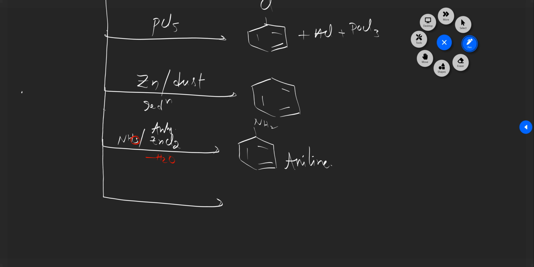So next one is sulfonation. If it is reacting with sulfuric acid, sulfonation takes place. How can you write H2SO4? We can write H2O plus SO3. Phenol is an ortho directing group.